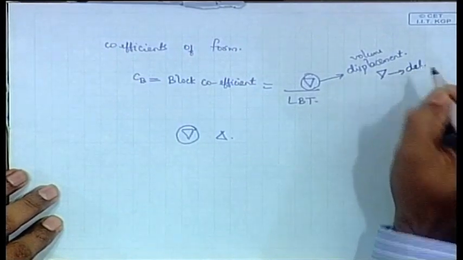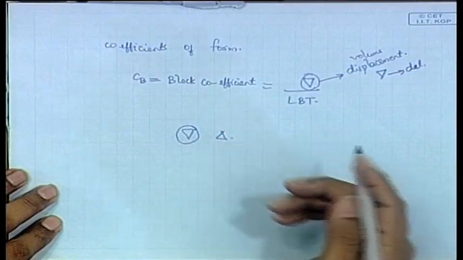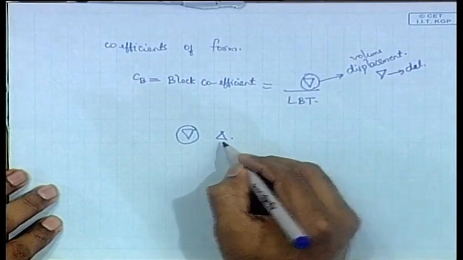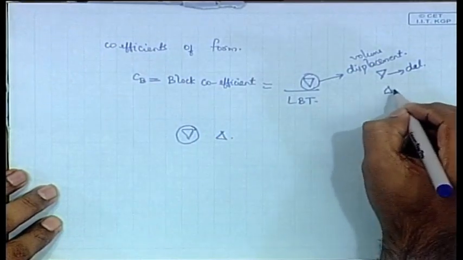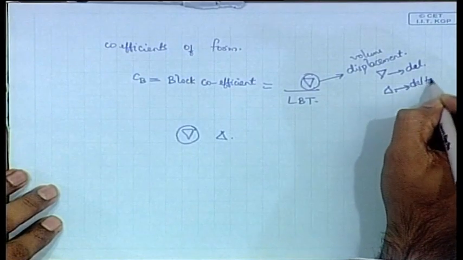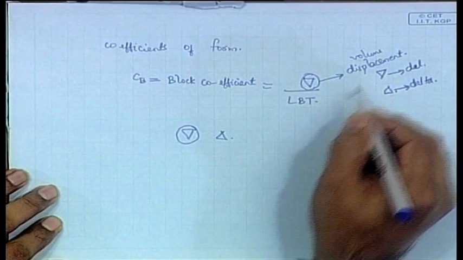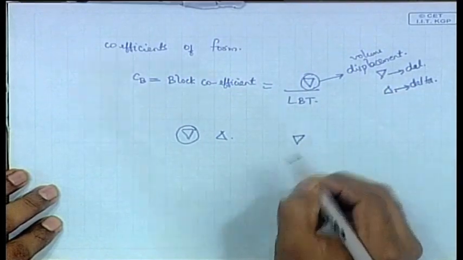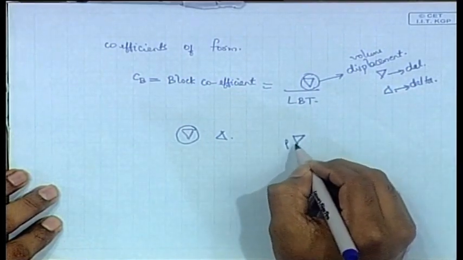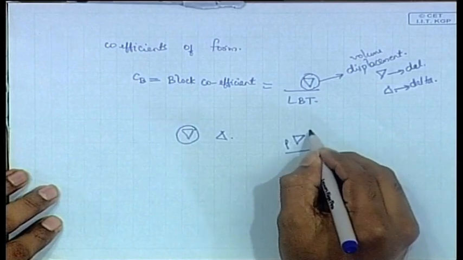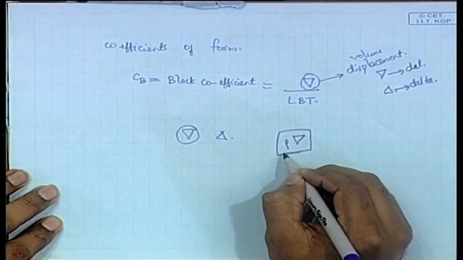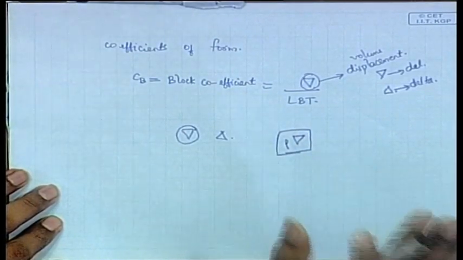Then this is of course delta, also a common mathematical symbol. Now this is again Archimedes principle: rho into del, where rho is the density of water, will give the weight of the body, we will come to that.